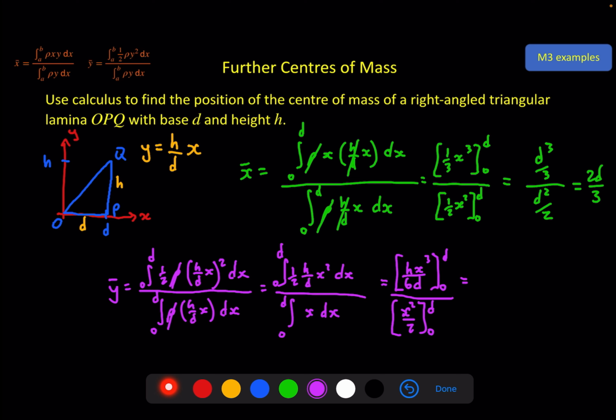And again, the zeros make this quite easy. hd cubed over 6d over d squared over 2. And if we cancel all of those d's, we end up with h over 3. Again, exactly as we expect, 1/3 of the way up from the base to this point because it's 1/3 of the way up from this median going this direction.